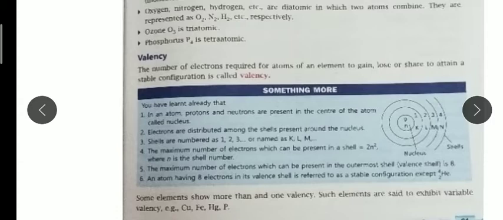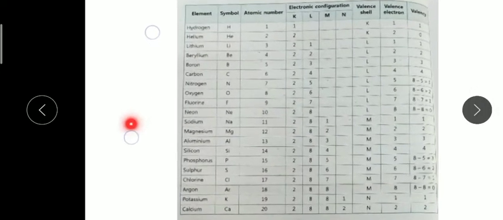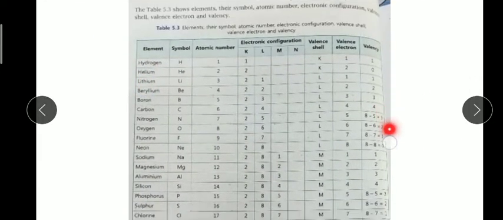So there are a few elements like you can see, copper, iron, mercury. They have more than one valency, so they are also called special elements. They have variable valency. Variable means different valency. So here you can see in the table, the complete table.